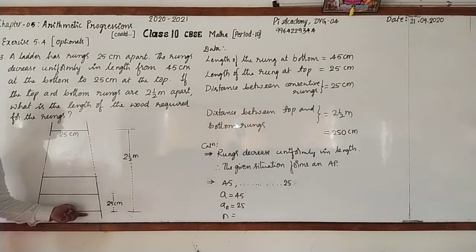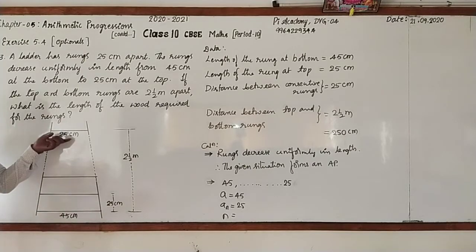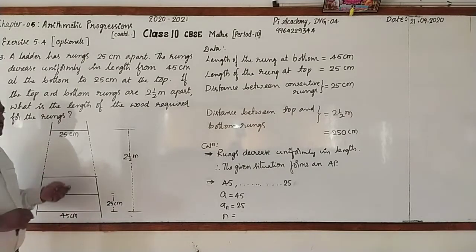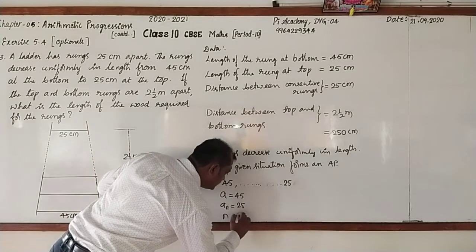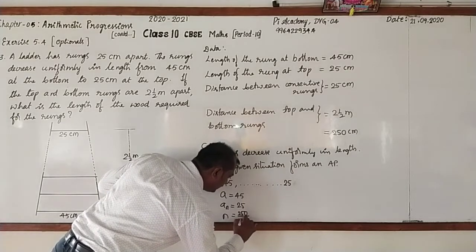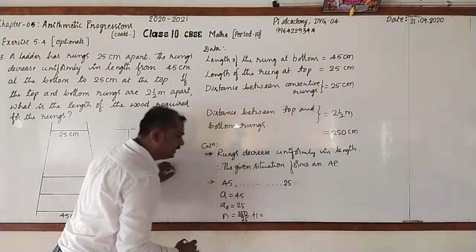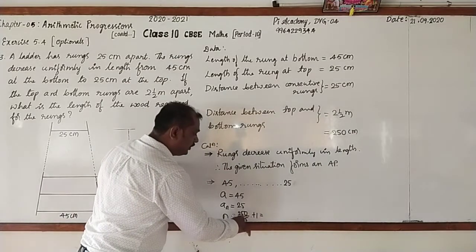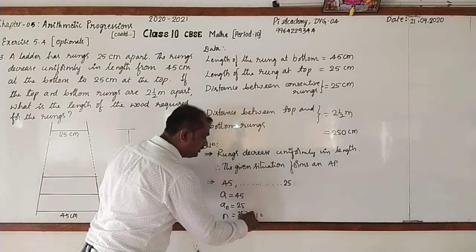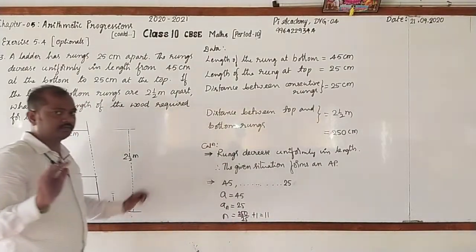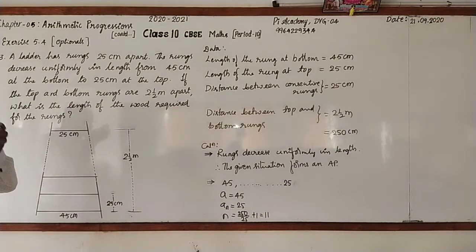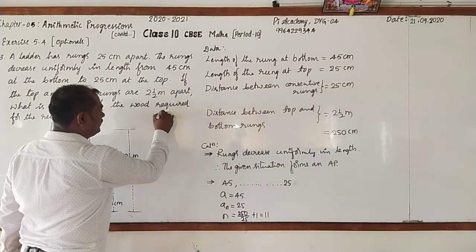But you should also include the bottom rung and top rung. Clear? So that is why we can write n is equal to 250 by 25 plus 1, which is 10 plus 1, it is 11. Hope that you have understood. Or else if you want to check, you can.